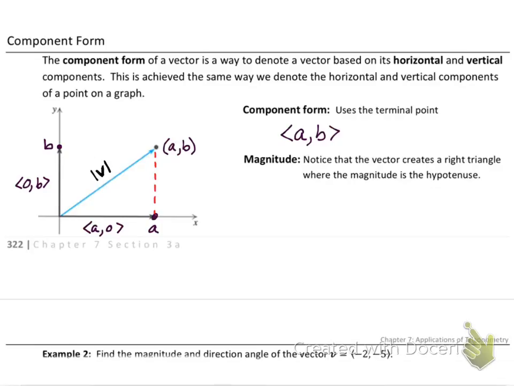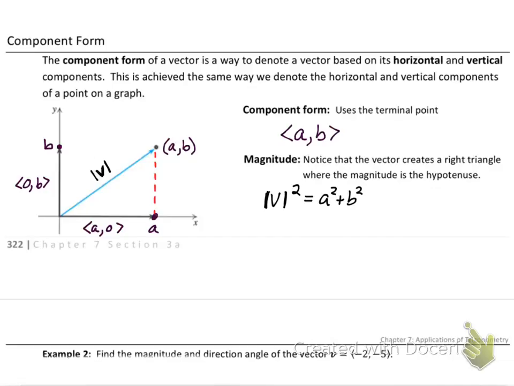So if I needed to solve for this and I knew a and b, I would say, hey, guess what? My magnitude is just the hypotenuse of a right triangle. So magnitude squared would equal side squared plus the other side squared. So a squared plus b squared equals c squared. Well, I'd probably take the square root of both sides.